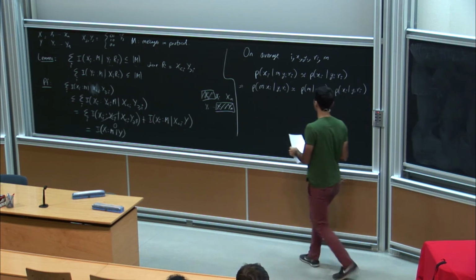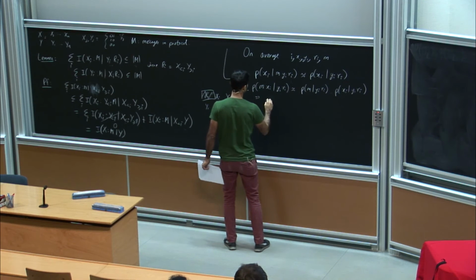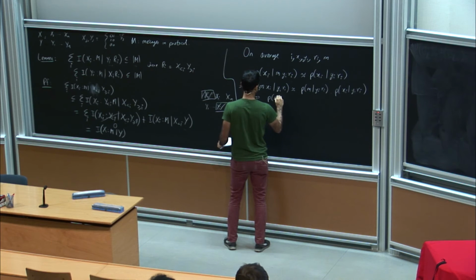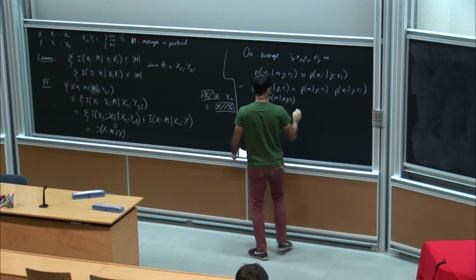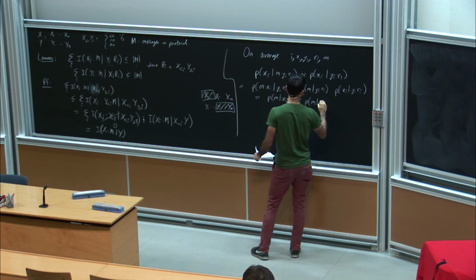So another way to write it is that the distribution of M given Xi, Yi, Ri, which is the form that I really want, is close to the distribution of M given only Yi, Ri.